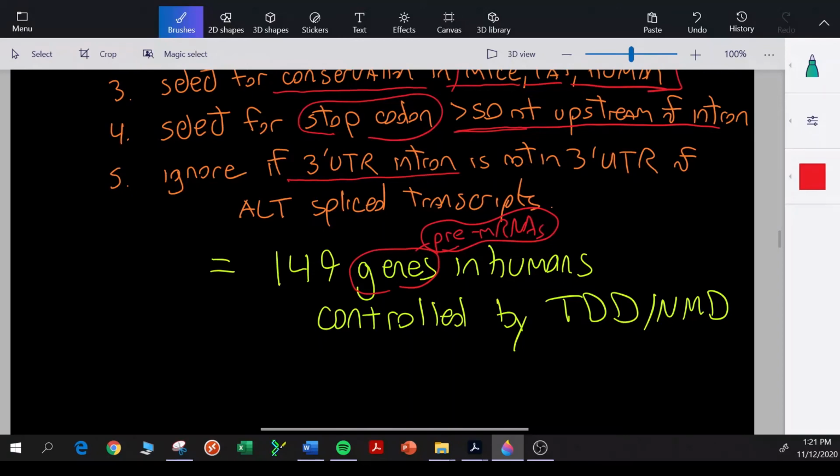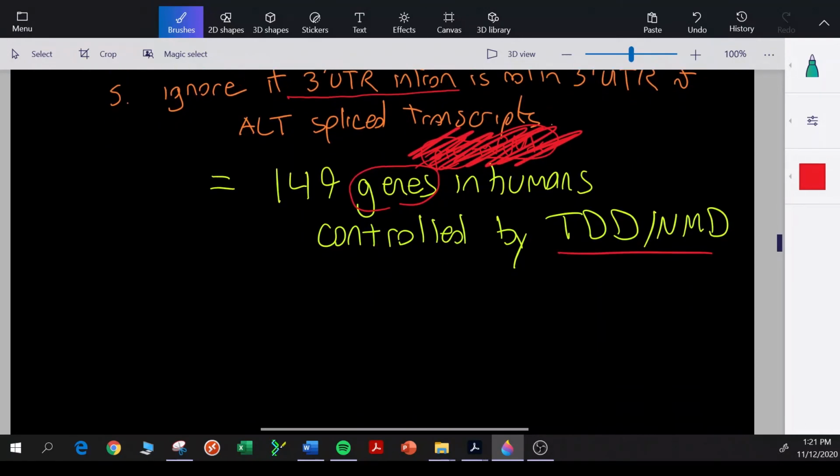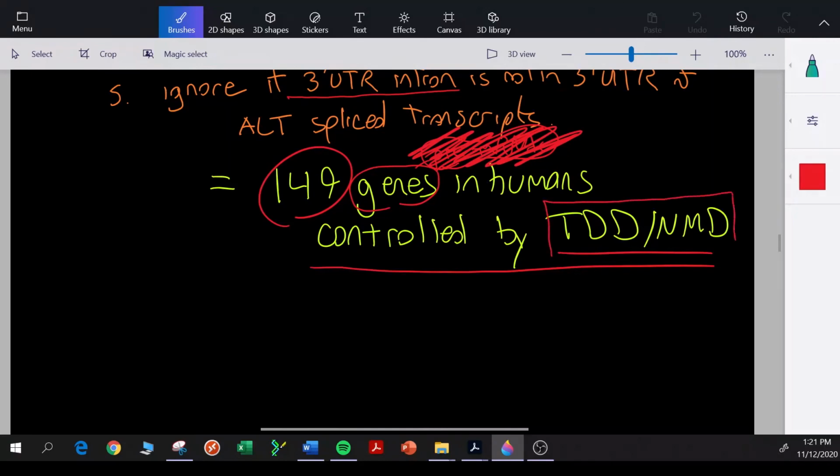To simplify things, let's just assume we're using genes here. So their analysis predicts that there are 149 genes in the human genome that are controlled by translation-dependent decay, nonsense-mediated decay. And why is that?